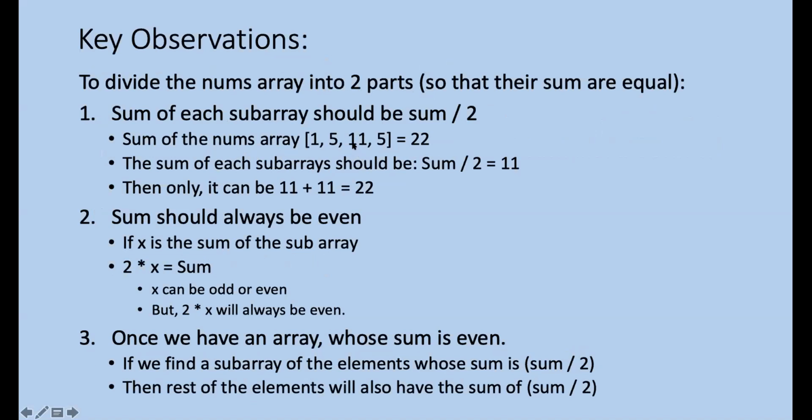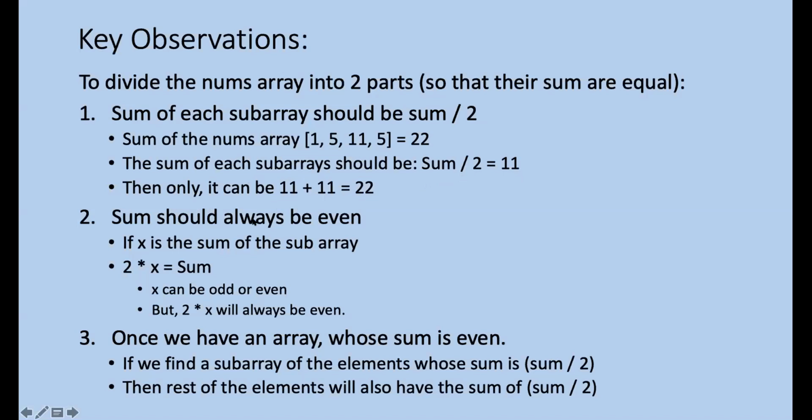So on our example, 1, 5, 11, 5, our total sum is 1 plus 5 plus 11 plus 5, which is 22, which means the sum of each subarray should be 22 divided by 2, which is 11. Then only it can be 11 plus 11, 22. That's one observation: the sum of each subarray should basically be half.